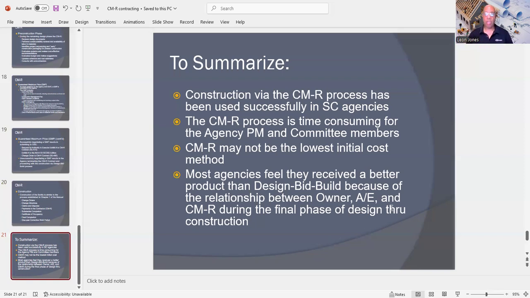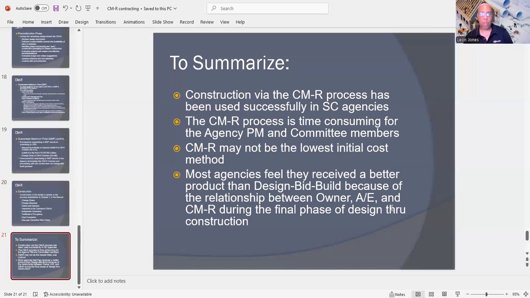Construction by the CMAR process has been used successfully in SC agency. SC is South Carolina. So basically, all the forms, they're most likely looking at the state of South Carolina.